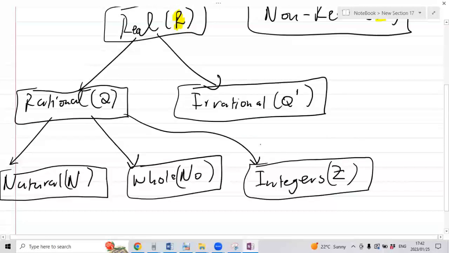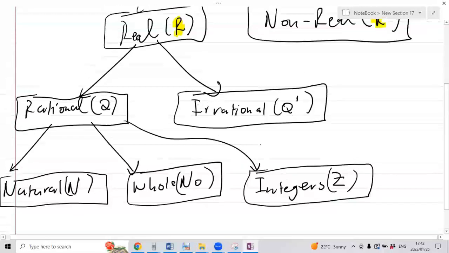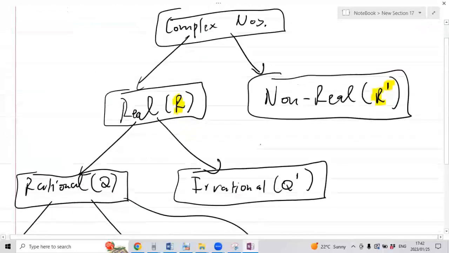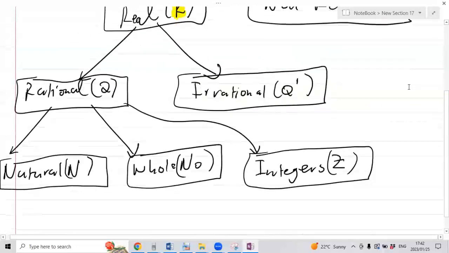So if you look at it now, we are able to classify all our numbers. Complex numbers consist of all real and non-real numbers. The symbol for real numbers is an R, for non-real numbers is not R. Remember that complement on top there, that little dash on top means not.